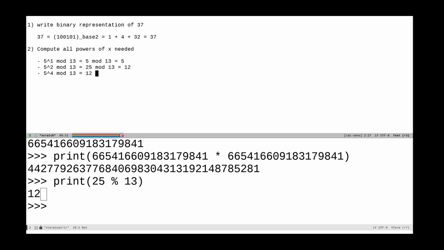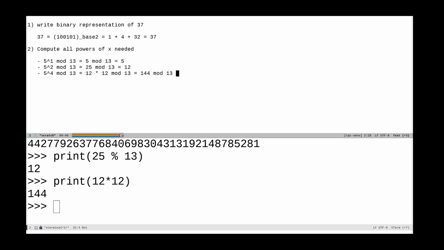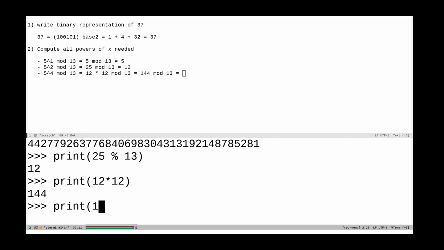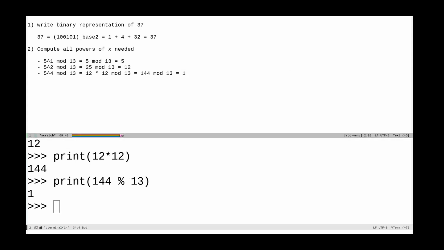So I do 12 times 12, because it's the previous one times itself. 12 times 12 is 144 mod 13. You do 144 mod 13 and you get 1.